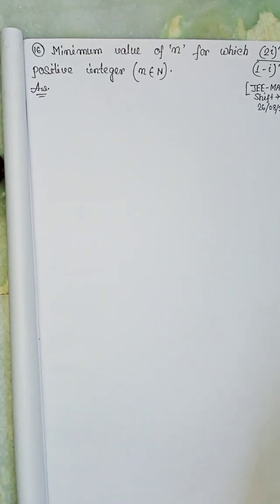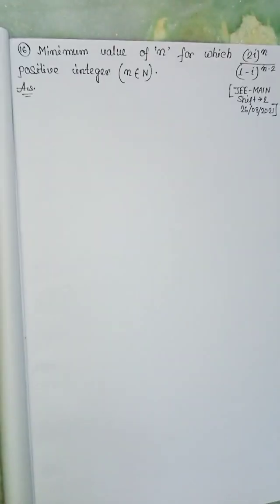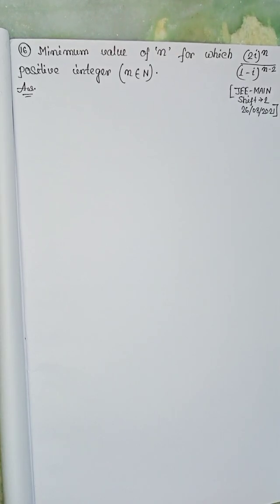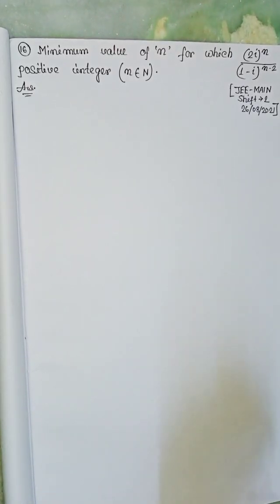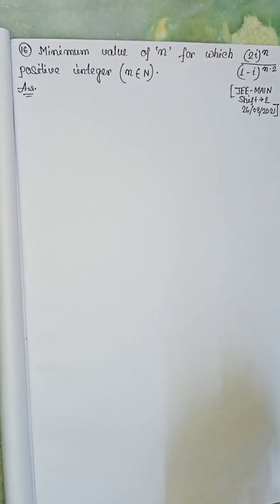Today we solve the JEE Main Shift 2, 26th of August 2021 question. Question number 16: the minimum value of n for which (2i)^n / (1 - i)^(n-2) is a positive integer.